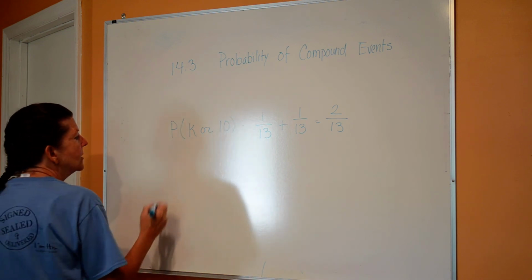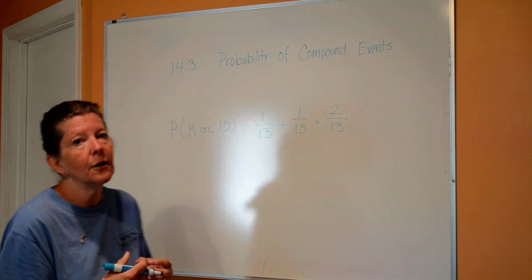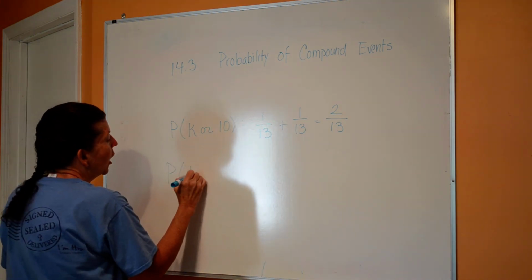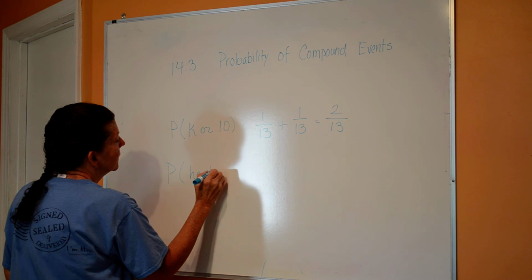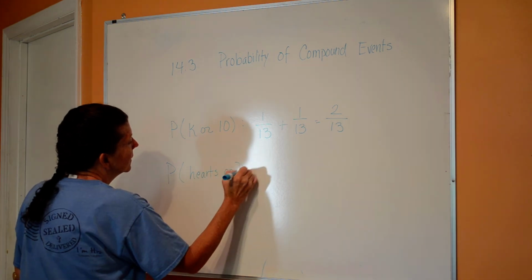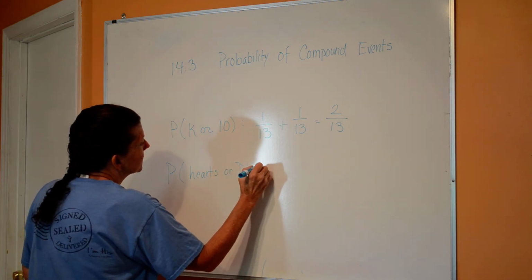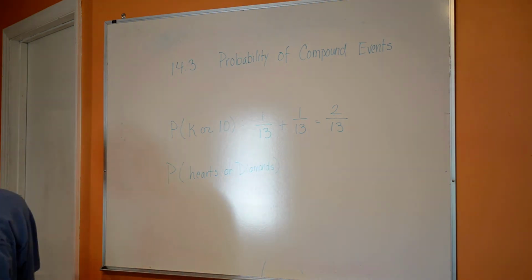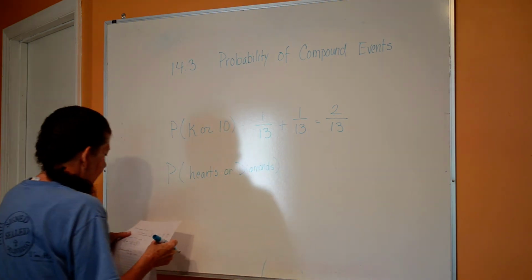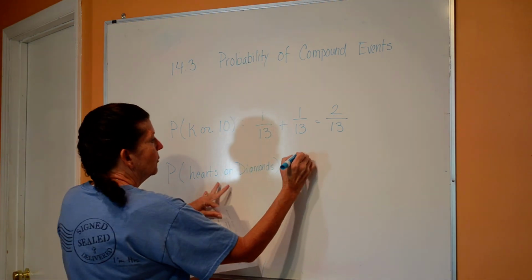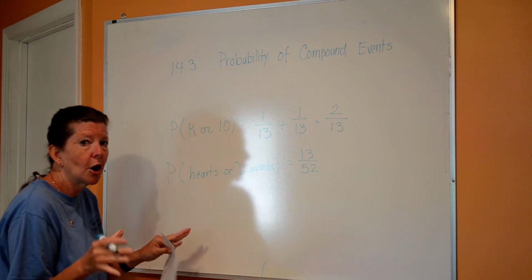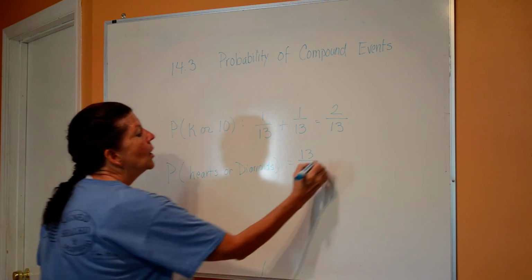Same deck of cards. Let's say we put all the cards together and I have 52 cards. And I ask, what's the probability of getting hearts or diamonds? Okay, the probability of getting hearts would be 13 out of 52, because 13 of the cards in a set of cards are hearts.